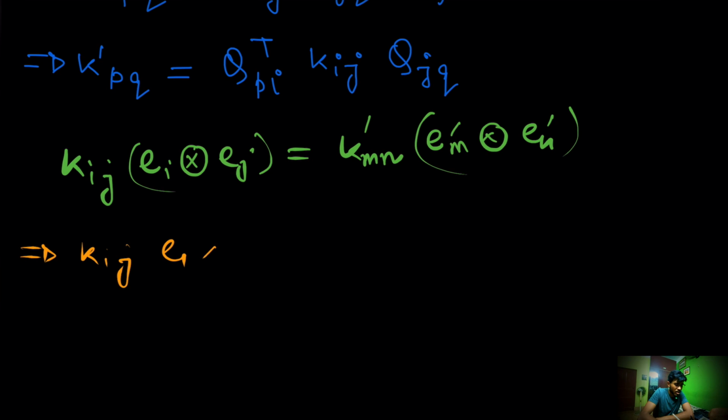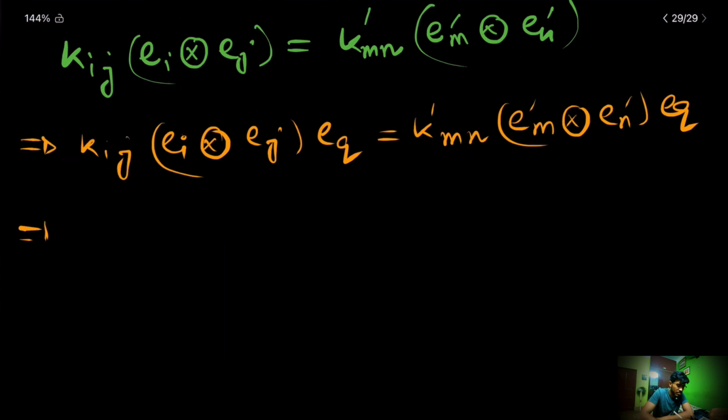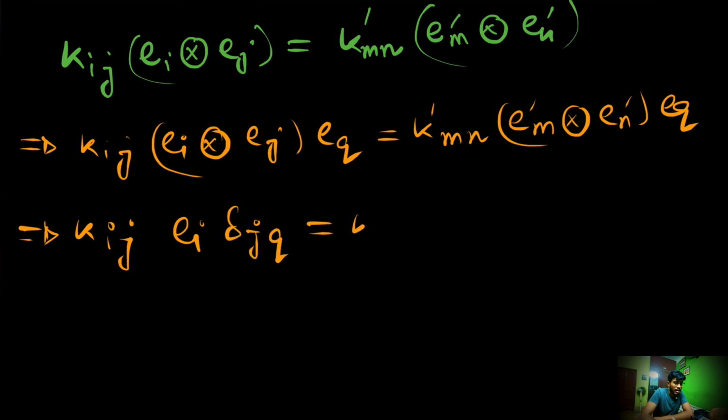So Ei dyadic Ej, and I will multiply by Eq. So K dash Mn Em dash dyadic En dash multiplied by Eq. Okay, then I have Kij Ei into Ej into Eq, so that will be delta Jq, and this will be Kmn into Em dash, so I am just writing this one.